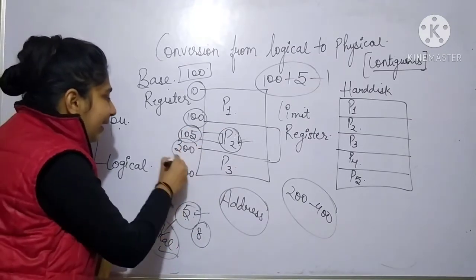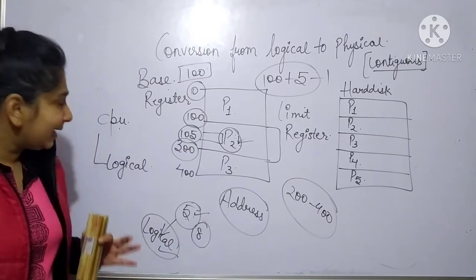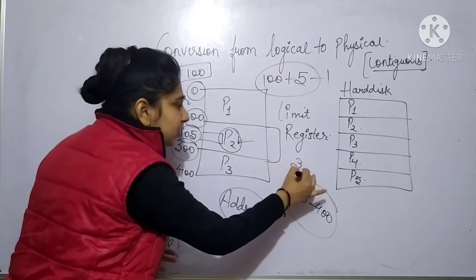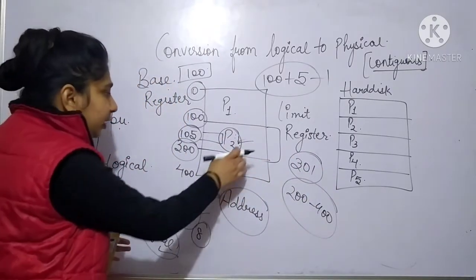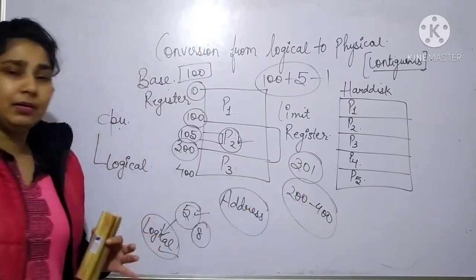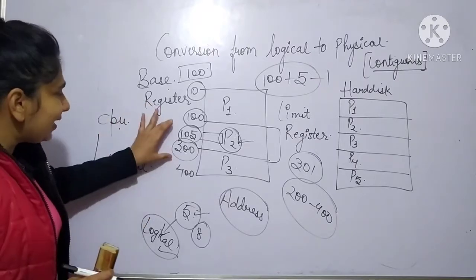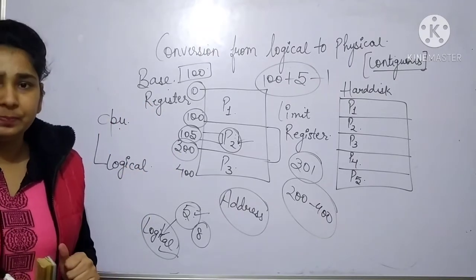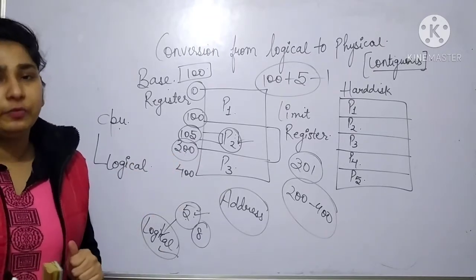Let's suppose it ends at 300. You cannot access instruction 301. When you are executing your process P2, you cannot access instruction number 301. The maximum instruction you can access is 300, the instruction present at address 300.